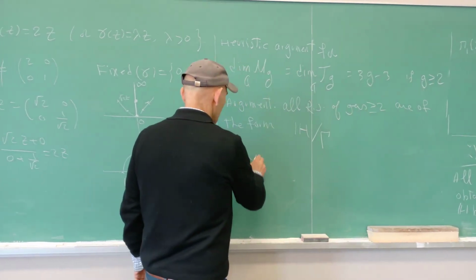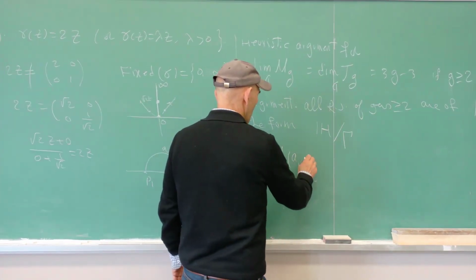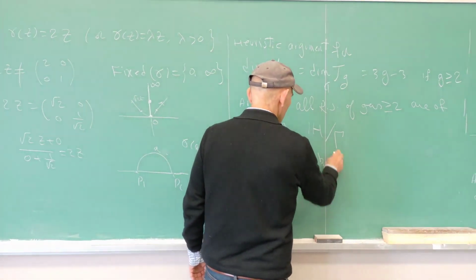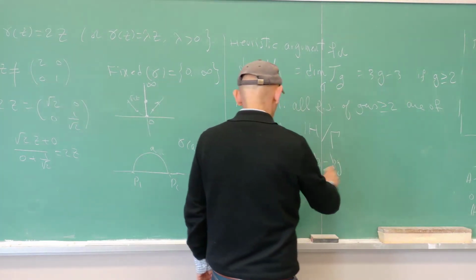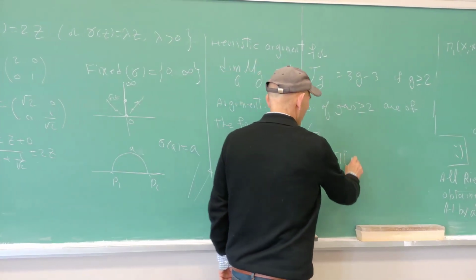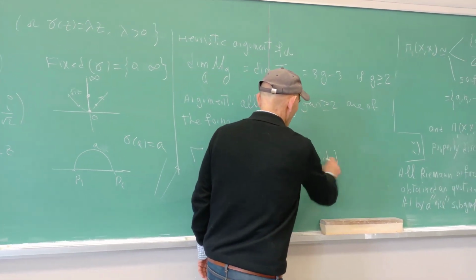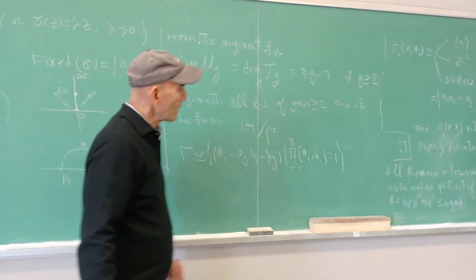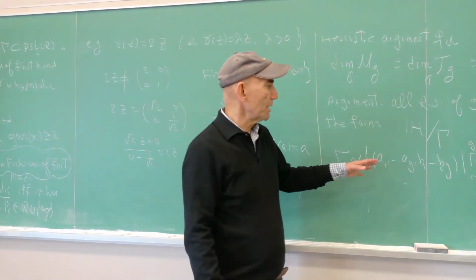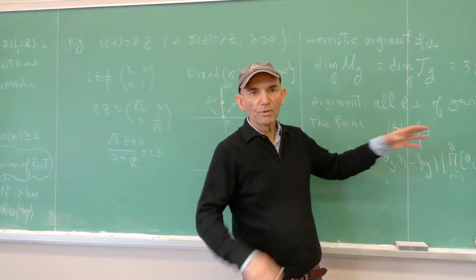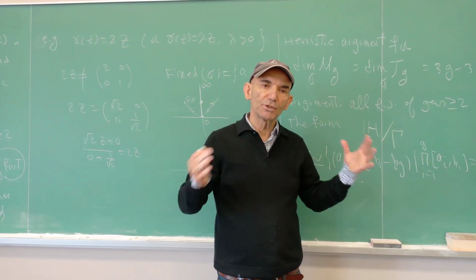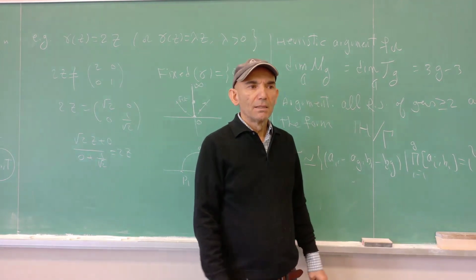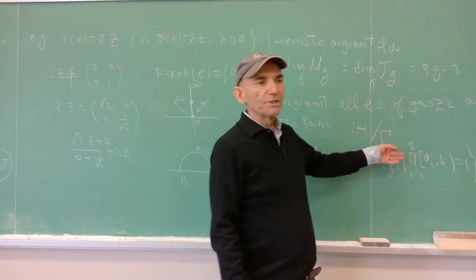So Gamma is isomorphic to the group generated by A1, ..., Ag, B1, ..., Bg, which I had over there, by the way, and the product of A_i, B_i commutators, i from 1 to g, equal to 1. So now the question is, how many such subgroups? What is the parameter space, the dimension of the space of all such subgroups?